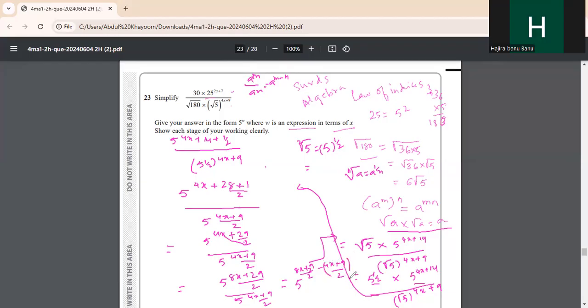Let me put this in bracket. So 5 power 8x plus 29 minus 4x minus 9 divided by 2, because this is the like fraction.